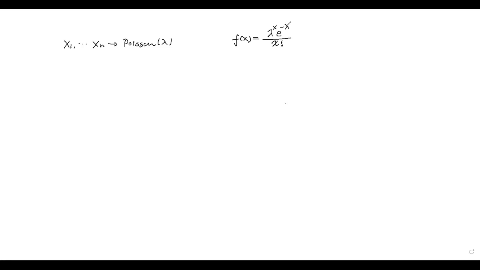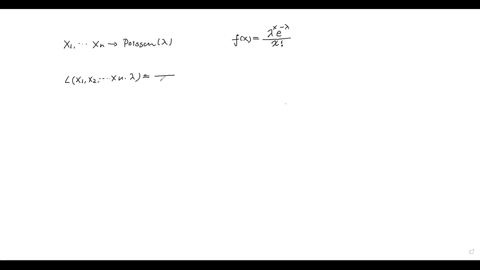All right, so step number one we always want to do is find the likelihood function. I will use a capital L, so this is L of lambda given X1, X2, to Xn. The likelihood function will just be, you multiply each PDF, right?